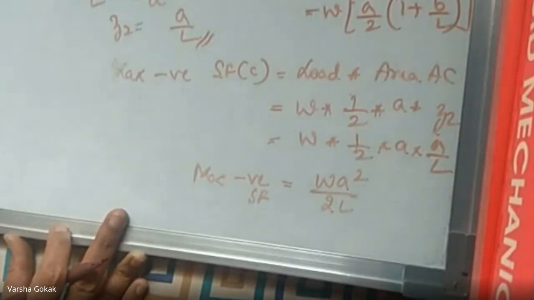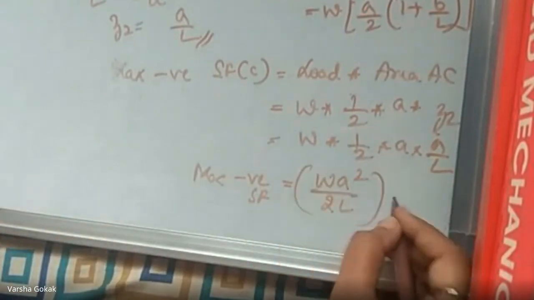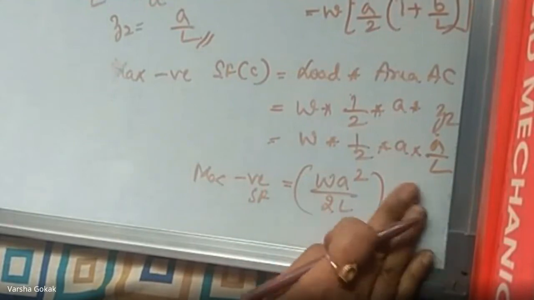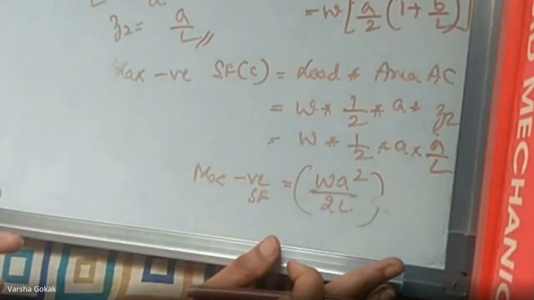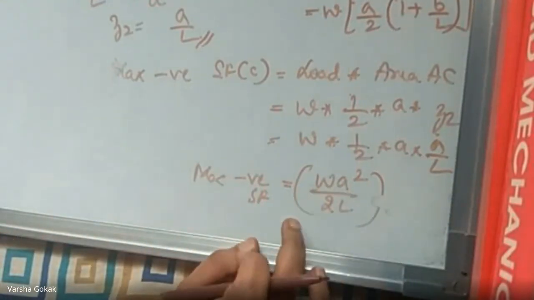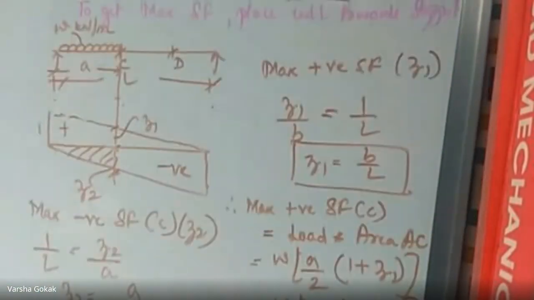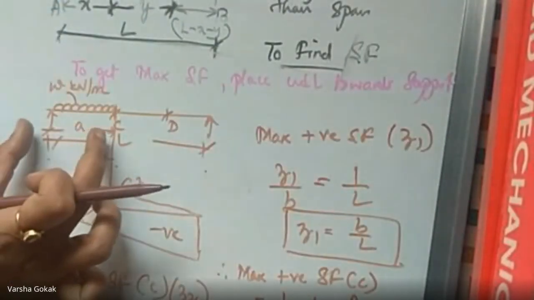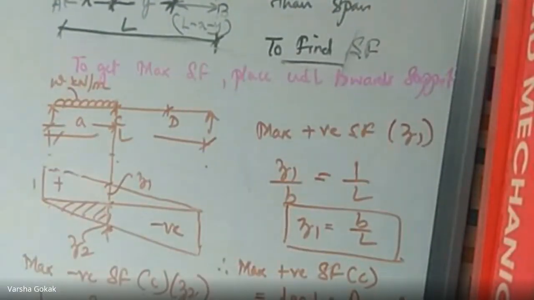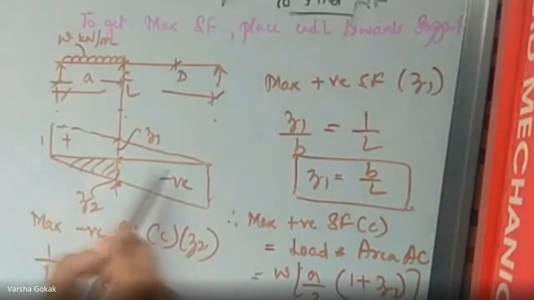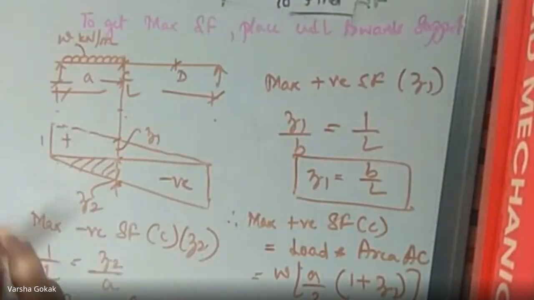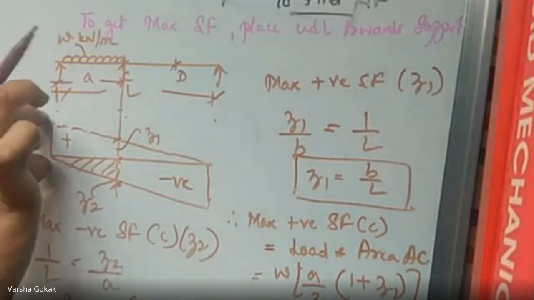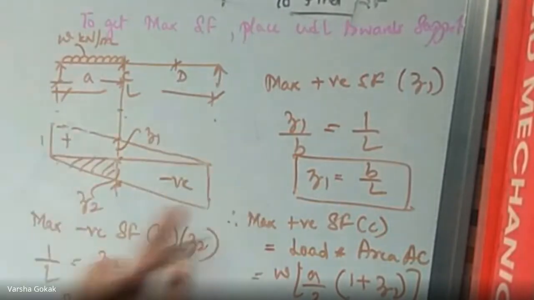Any doubt? This answer will be going into negative, so no need to write the negative sign. If you just mention it here, it is more than sufficient. Any doubt with this? We did not do anything special to get the maximum positive and negative shear force. We place the UDL towards the support. We place the UDL like this, and we know the shear force diagram for a UDL, the standard diagram. So 1 and 1, and this is the pattern.